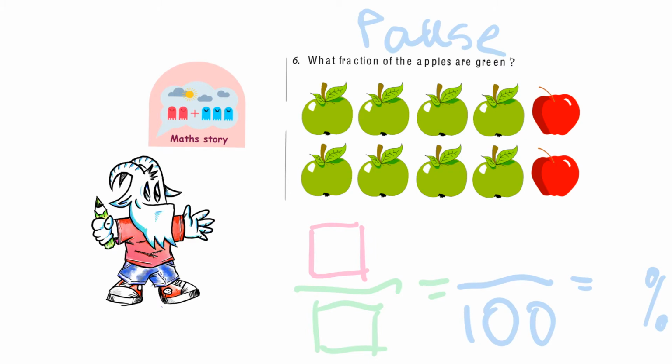So pause it, have a think, what's the whole, what is the group, and can you turn it into a fraction with the denominator of 100? And once you do that, you should be able to turn it into a percentage easily.